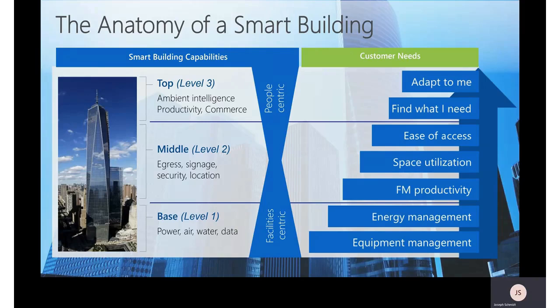We look at this as the anatomy of a smart building, from the facility-centric view to the people-centric. And we'll explain what that means. When we look at the facility-centric, it's the actual infrastructure in the building. So it's the energy management system, the equipment that we're managing, whether it be elevators, HVAC equipment, lighting, security, power, energy.